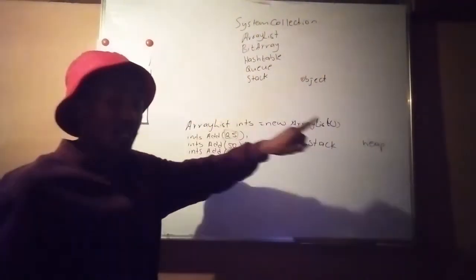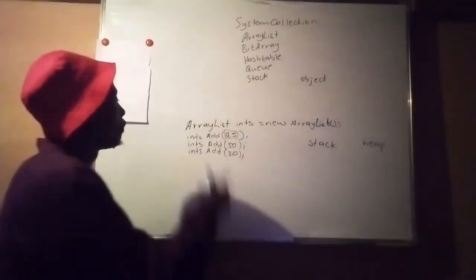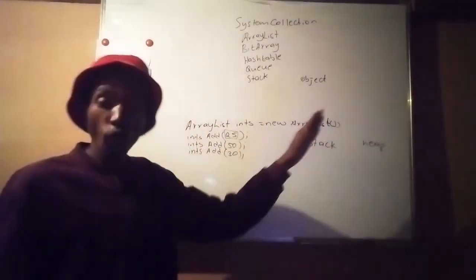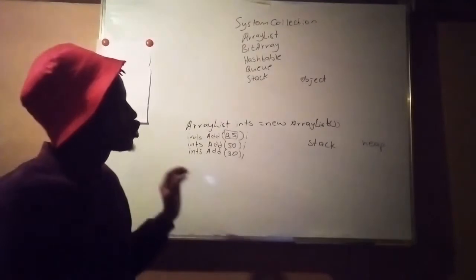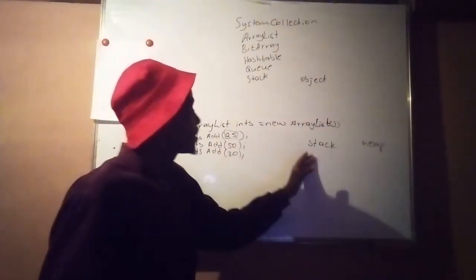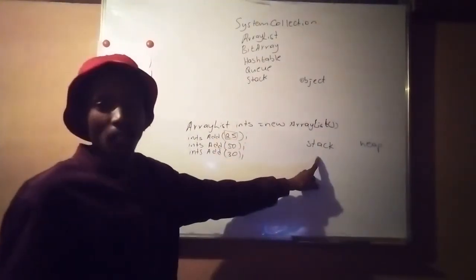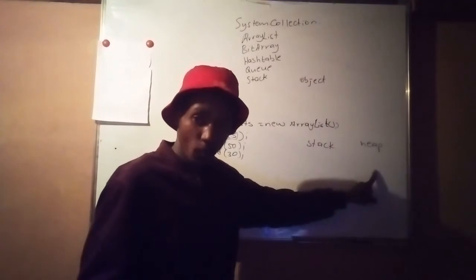And then after it does that, it's going to box this number, through a process called boxing. It's going to transfer this number that you are adding from the stack memory to the heap memory.